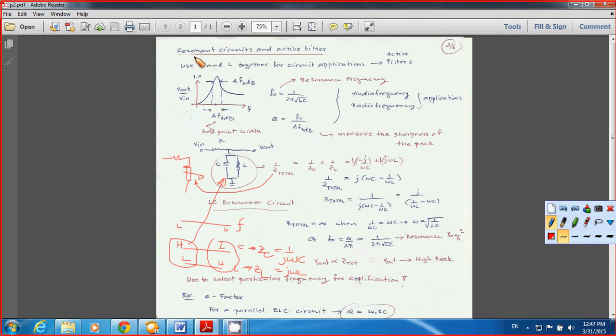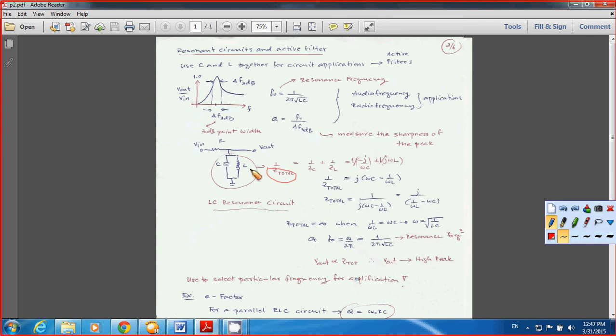But for this one, we're going to talk about the resonant circuits. Let's see how the resonant circuits work. When you have C and L in parallel, you know that your V out is directly proportional to your Z total. And your Z total simply comes from C in parallel with L. So 1 over Z total equals 1 over ZC plus 1 over ZL.